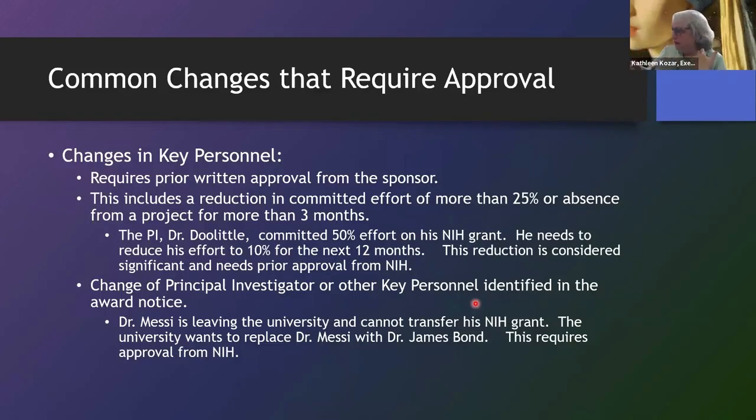So if a co-investigator or a co-principal investigator, you need to look to see who was listed as key personnel. Those who are listed on the award notice are the ones where you need to request prior approval for changes.